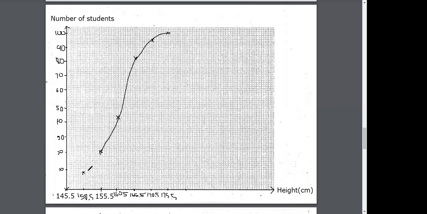So the ogive will look something like this. Here you see there are common mistakes. Usually the line must touch the points. But in this ogive there is one point that the line did not touch. This will cost you one or 2 marks.